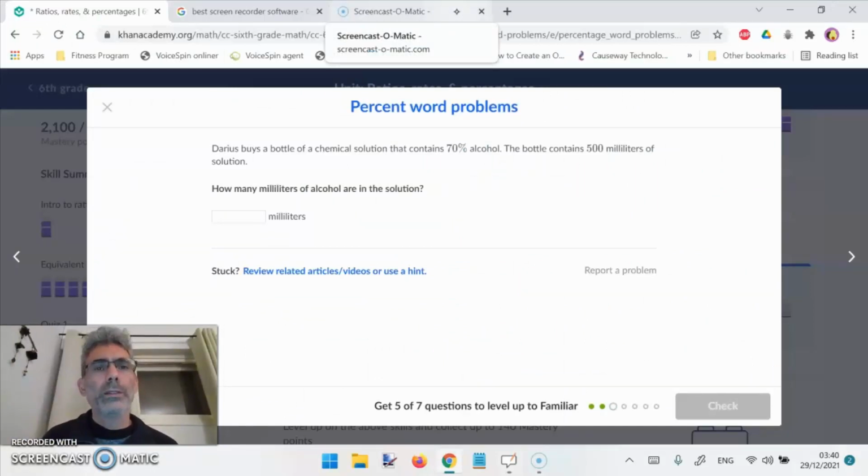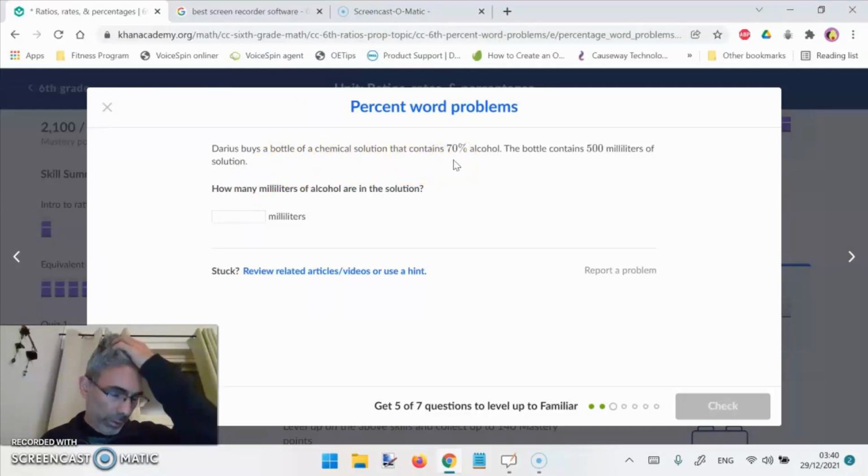Darius buys a bottle of a chemical solution that contains 70% alcohol. The bottle contains 500 milliliters of solution. How many milliliters of alcohol are in the solution?